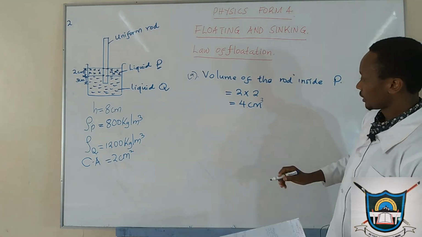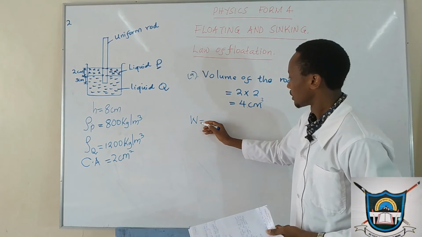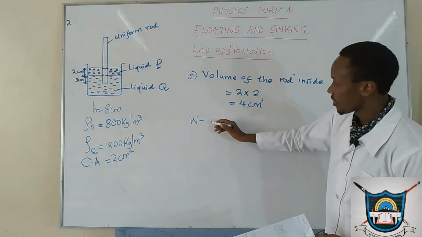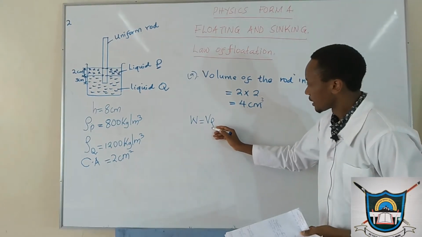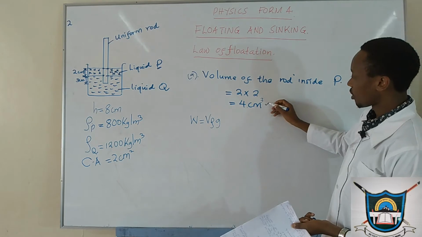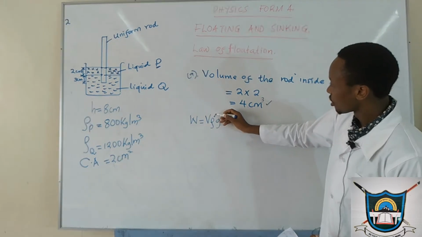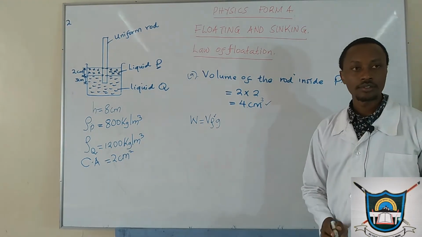Now let's move on. We know that the weight is given by the volume times the density times g. Already we have our volume. We have the density of liquid P here, and we have g, gravitational acceleration.